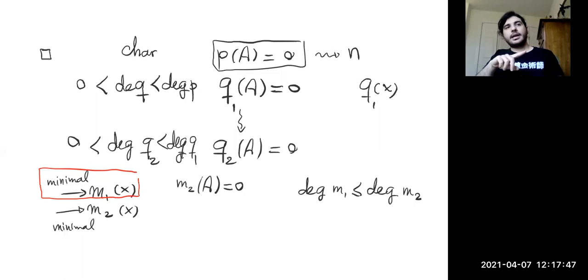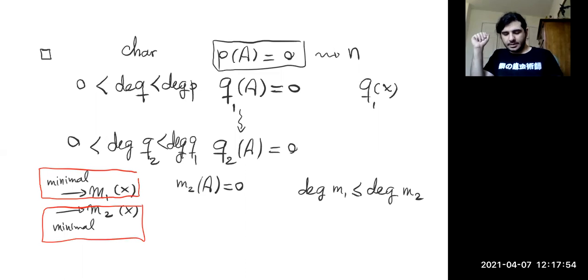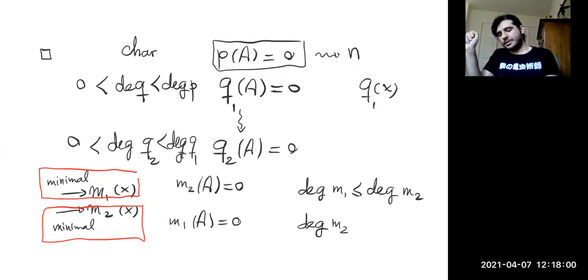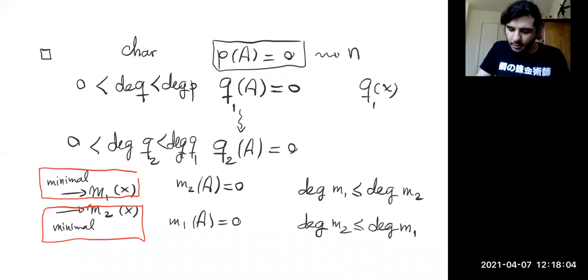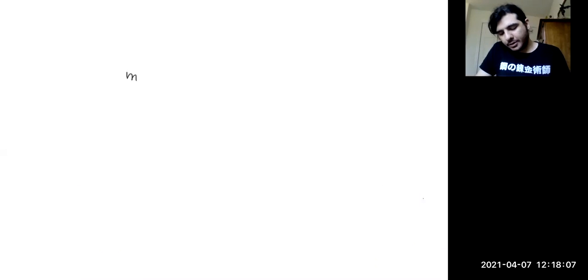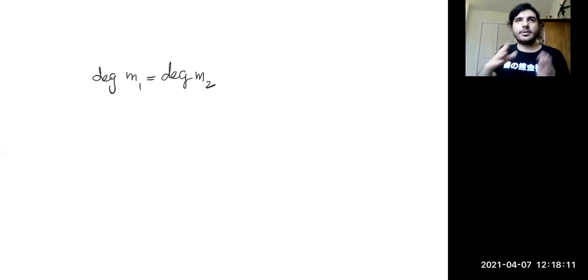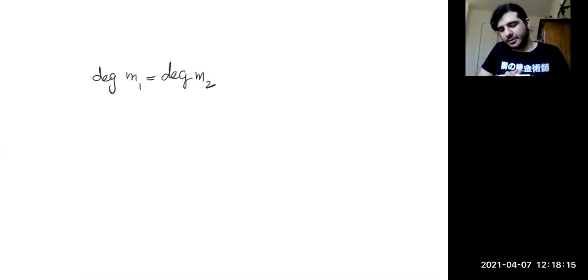But on the other hand, the degree of m2 should also be less than or equal to the degree of m1, because m2 is minimal and m1(A) is 0. So the degree of each is less than or equal to the other, therefore the degrees are equal.